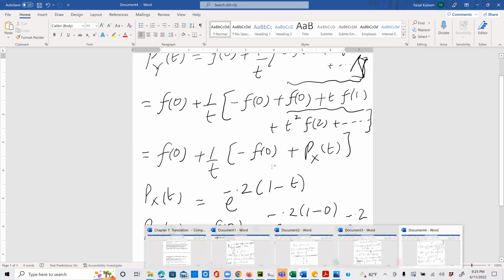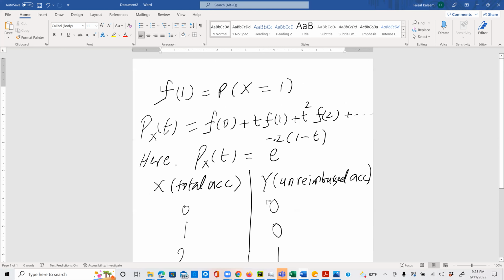So if we go back to what the PGF looks like, here if we substitute t equal to 0, then we get f of 0 on the right side, and here t is equal to 0, so this term zeroes out. Here again, we have a t, this zeroes out. So every term except the first term will disappear when we substitute t equal to 0, because the remaining terms all have t's in them, so multiplying by 0.